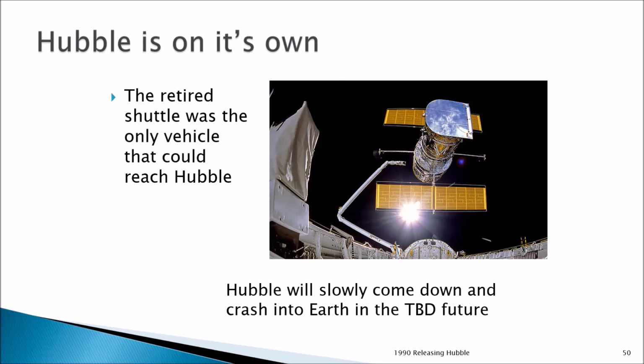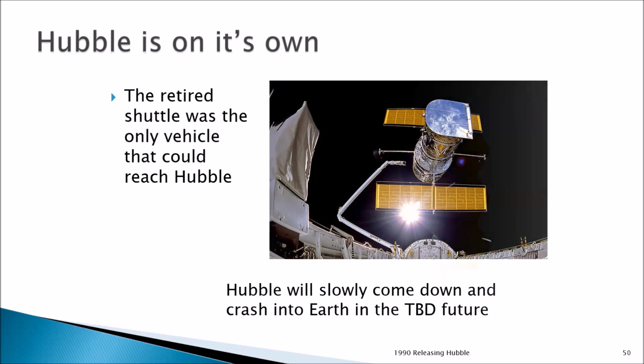It has not been serviced since, because we retired the space shuttle, which was our only vehicle that could get to it. We no longer have a vehicle that could get there. So what's going to happen is eventually, as it gets close to the atmosphere, it will slow down and will eventually crash into the Earth sometime way in the future.